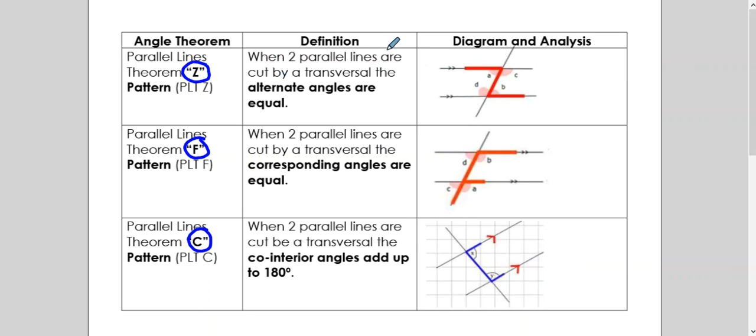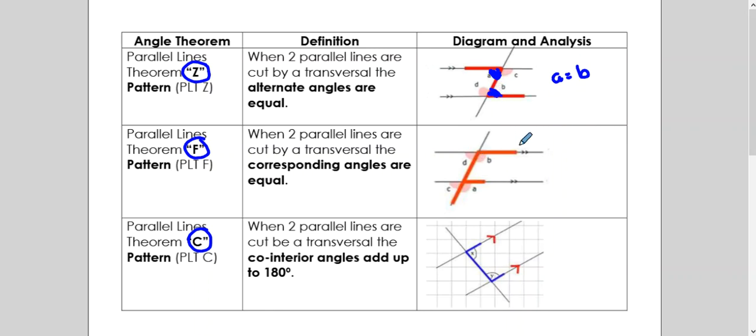So when two parallel lines are cut by the transversal, the alternate angles are equal. If I'm looking at this, the armpits of the Z are equal. The armpits of that angle and that angle are the same.